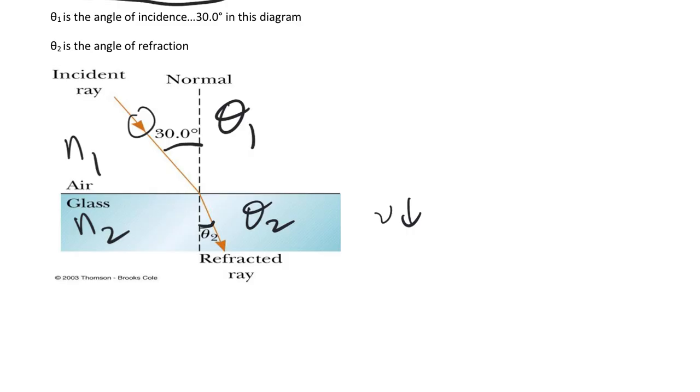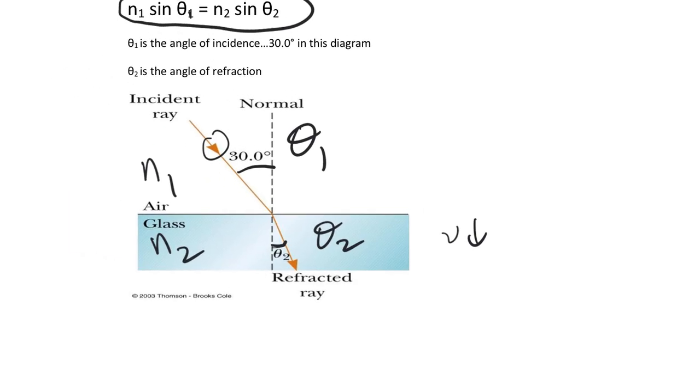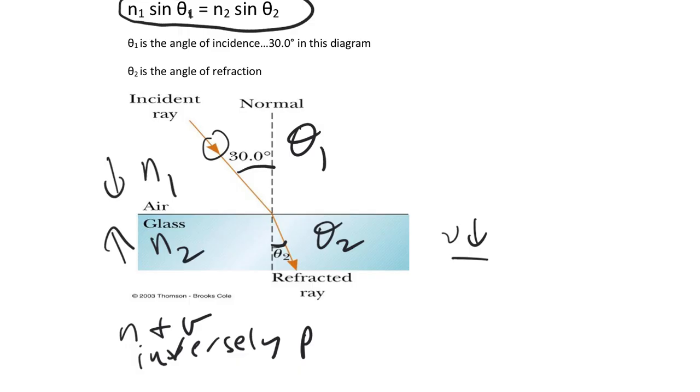And if I continue to ask you, okay, who has the higher n? N and v are inversely proportional. So if you have the lower speed here, this is the higher n, and this is the lower n. So you can be asked those concept questions.